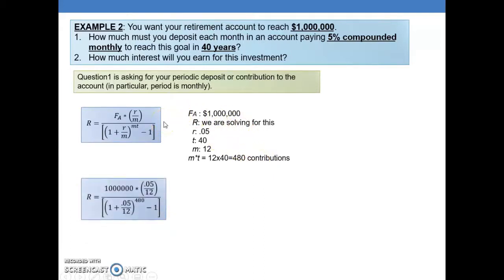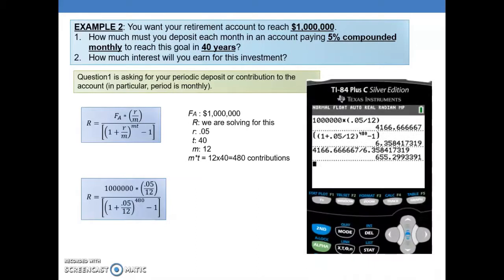So these numbers now will go into the formula, and you will get this one right here. Just like what I did in the previous slide, I will do the calculations in 3 steps. I calculate the top, I calculate the bottom, and then I divide. As you can see in my calculator, I did 1 million times parentheses 0.05 divided by 12, and I got this number right here.